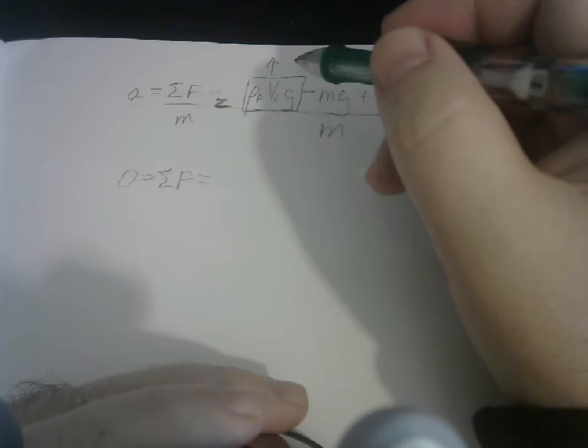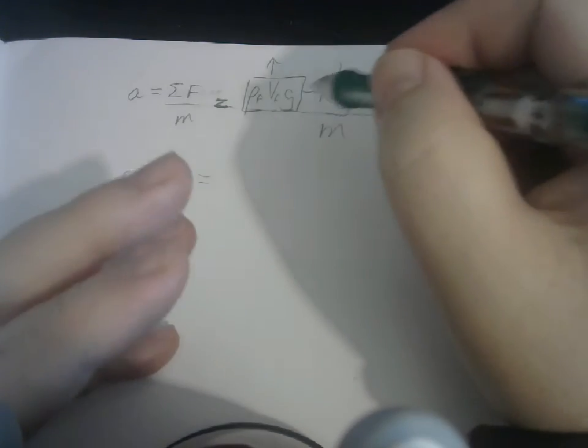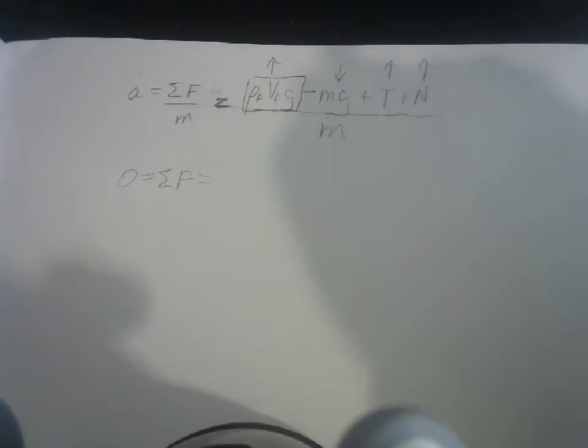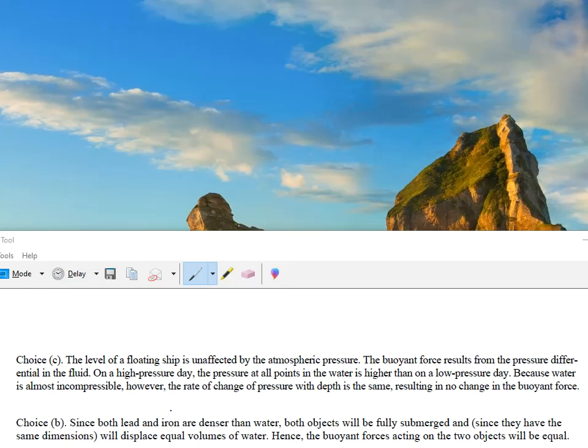Whether you have iron or lead, if it's the same dimensions, the volume displaced is going to be the same. Since both lead and iron are denser than water, both objects will be fully submerged, and since they have the same dimensions, they will displace equal volumes of water. Hence, the buoyant forces acting on the two objects will be equal.